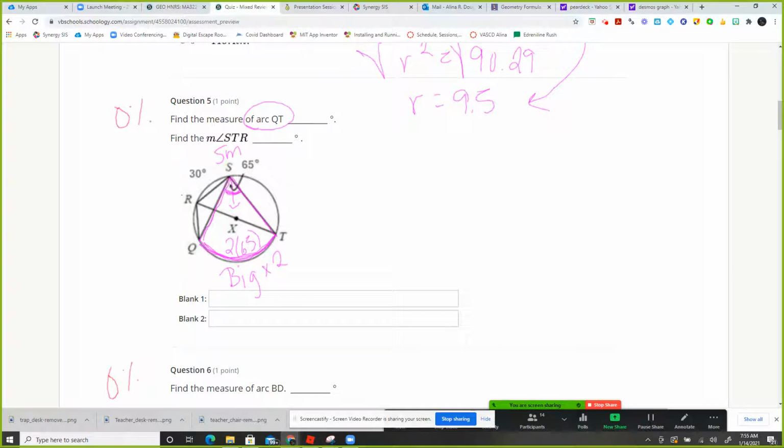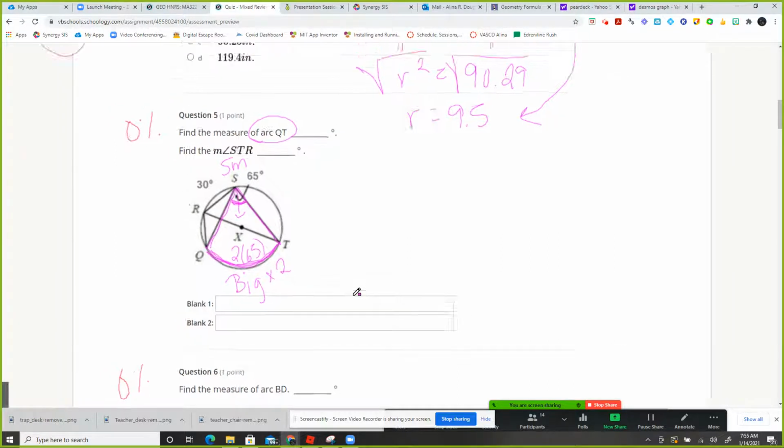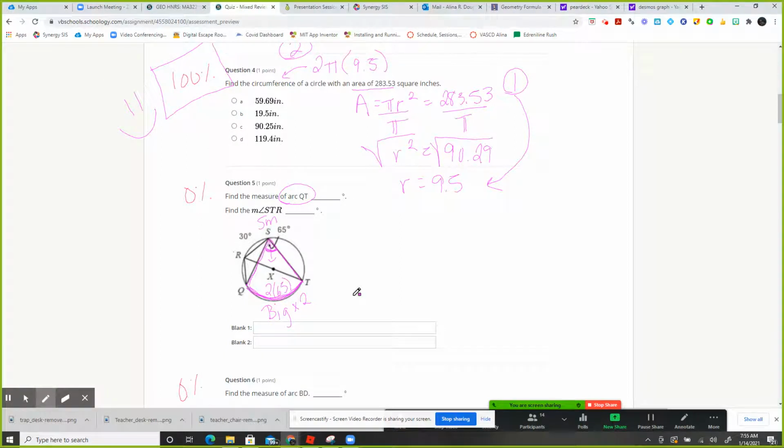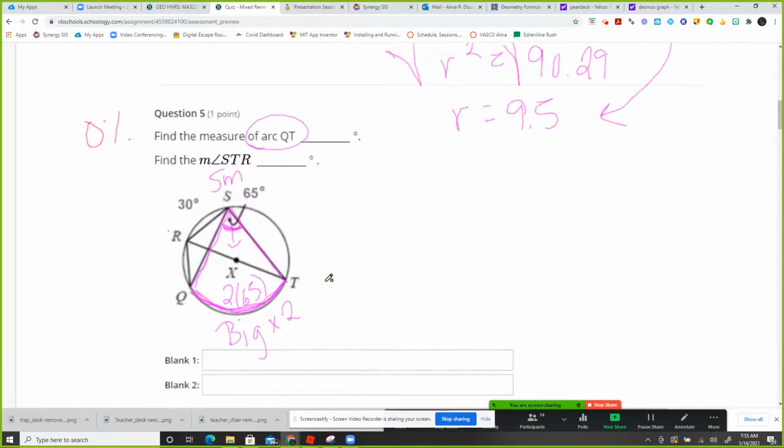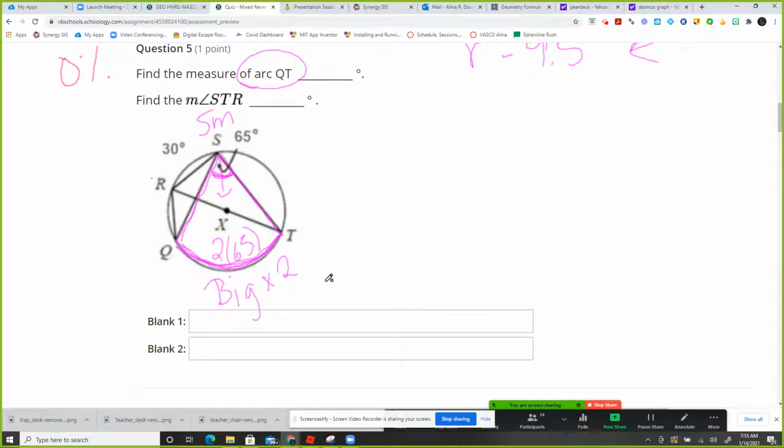And that's inscribed angles, ladies and gentlemen. Inscribed angles, the angle is half the size of the arc. Let's see if I can get a different color. So if I'm looking for measure of angle STR, STR is this angle, right?